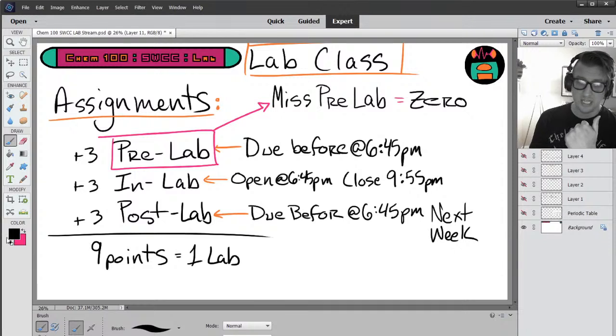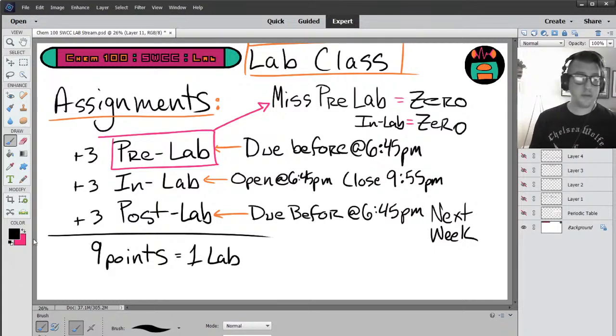And if you miss the pre-lab, your in-lab assignment score will also be 0, because the whole point of the pre-lab is to prepare you to do the lab. This is not my own policy. This is a department-wide policy.